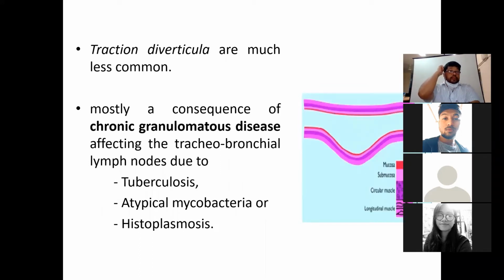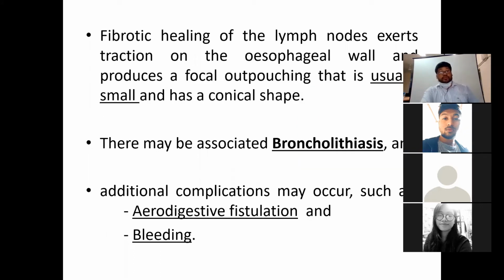It mostly occurs as a consequence of chronic granulomatous disease affecting the tracheobronchial lymph nodes due to tuberculosis or atypical mycobacteria or histoplasmosis. So fibrosis occurs on healing. This exerts traction on the esophageal wall, and thereby it produces a focal outpouching, which is usually small and conical in shape.